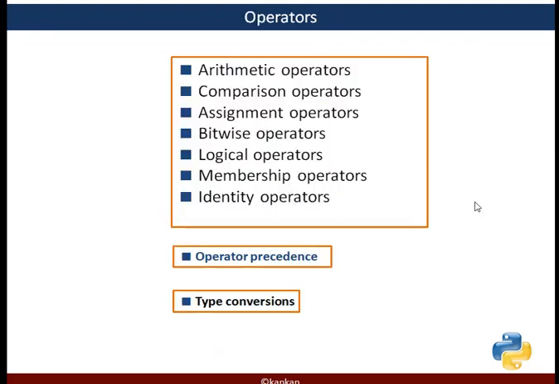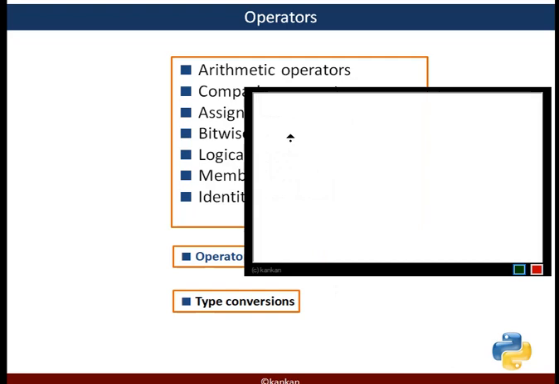Now these are all the operators available in Python: arithmetic operators, comparison operators, assignment operators, bitwise operators, logical operators, membership operators, identity operators. These are all the operators that can be used in Python.